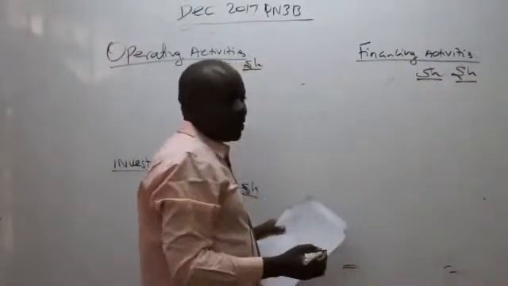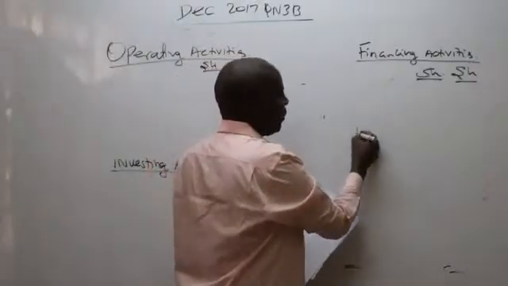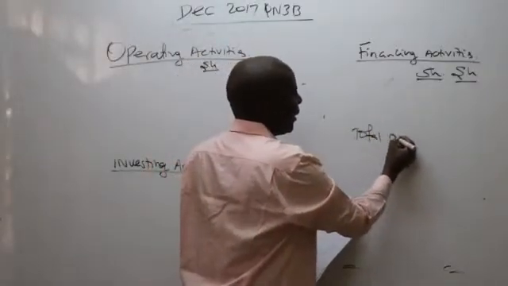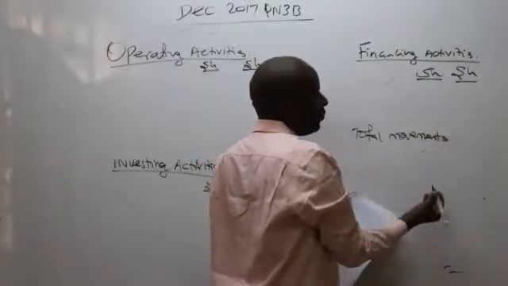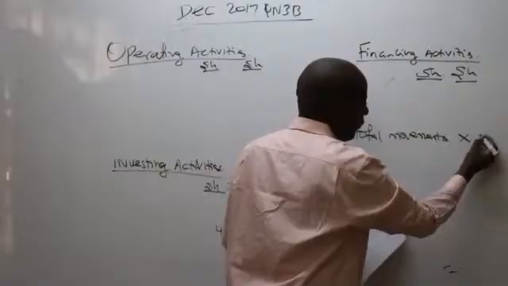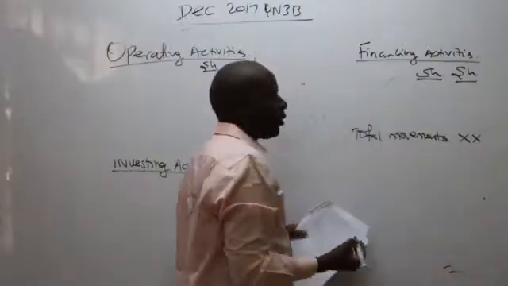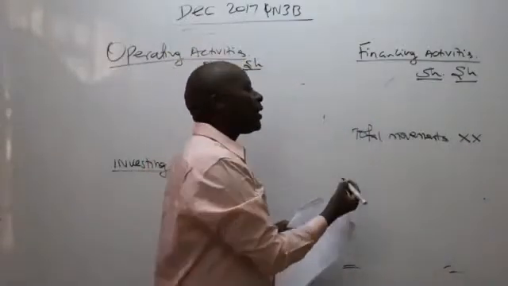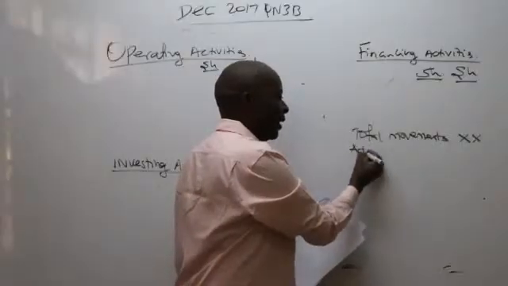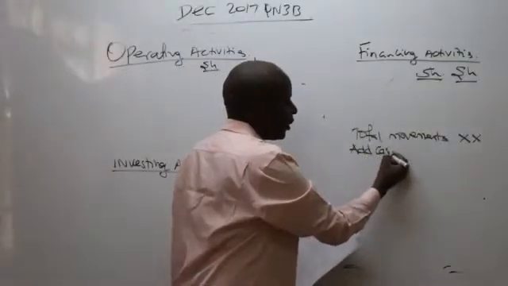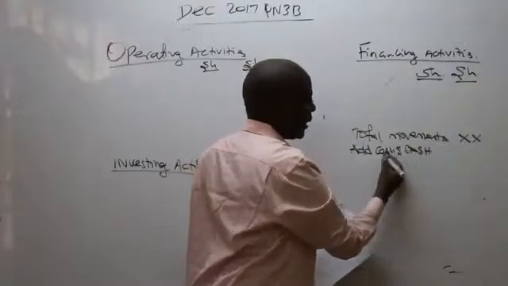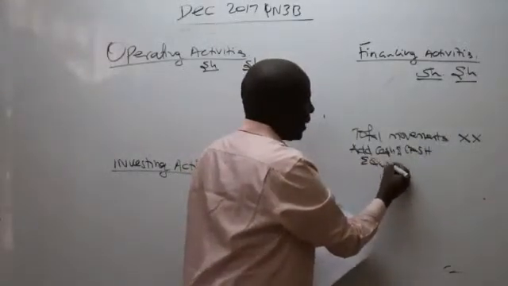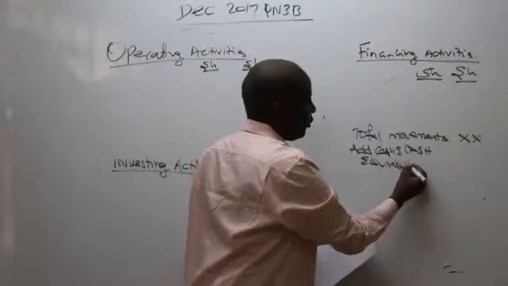At the end of the day, I'll capture something we call total movement. The total movement in terms of my activities, I'll be able to get a figure there. In this case, I'll add the cash and cash equivalents at the beginning, brought forward.